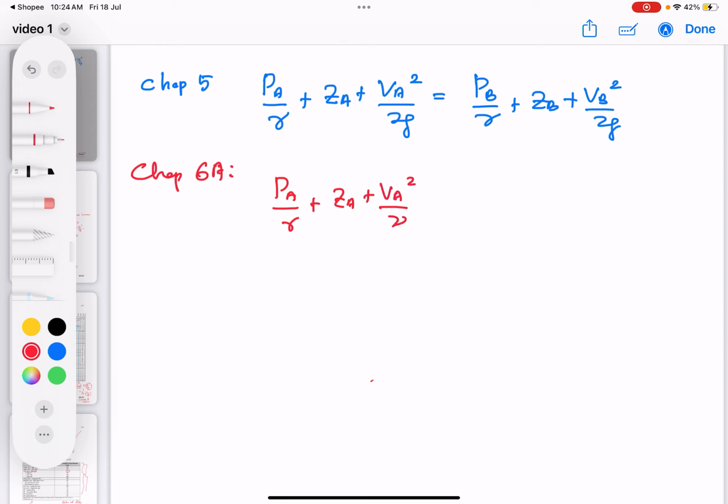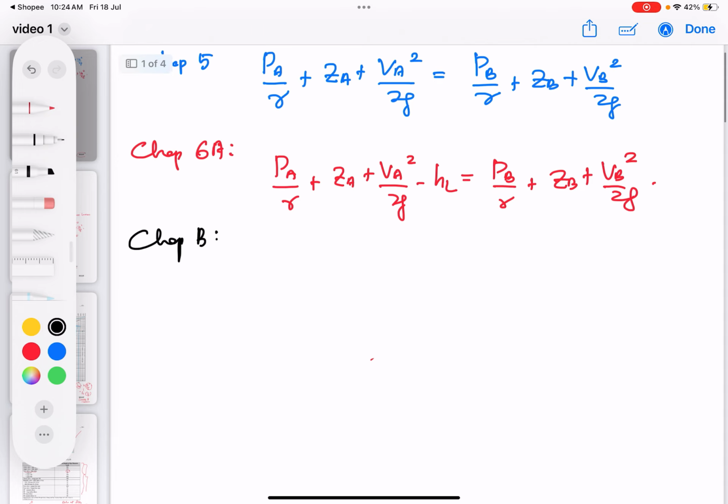Now my equation has another term, HL, equals PB over gamma plus ZB plus VB squared over 2G. Sometimes in industry, we also have to make a lot of pipe fittings, for example due to constraints, we have to do 90 degree elbows, etc. Therefore, this is what chapter 6 is all about.